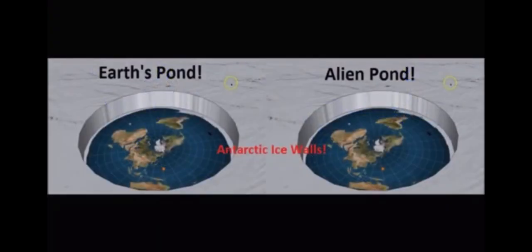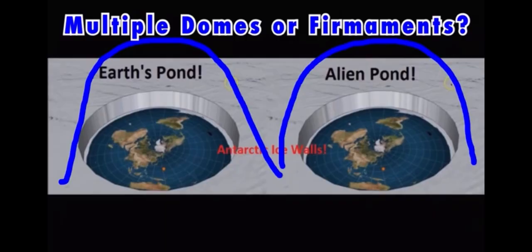And then, of course, the possibility of there being an alien world next door, but what if we can't get to it because we're in a dome or there's a firmament? What if the alien world next door is also in a dome or a firmament? Yeah, imagine more than one dome or more than one firmament.